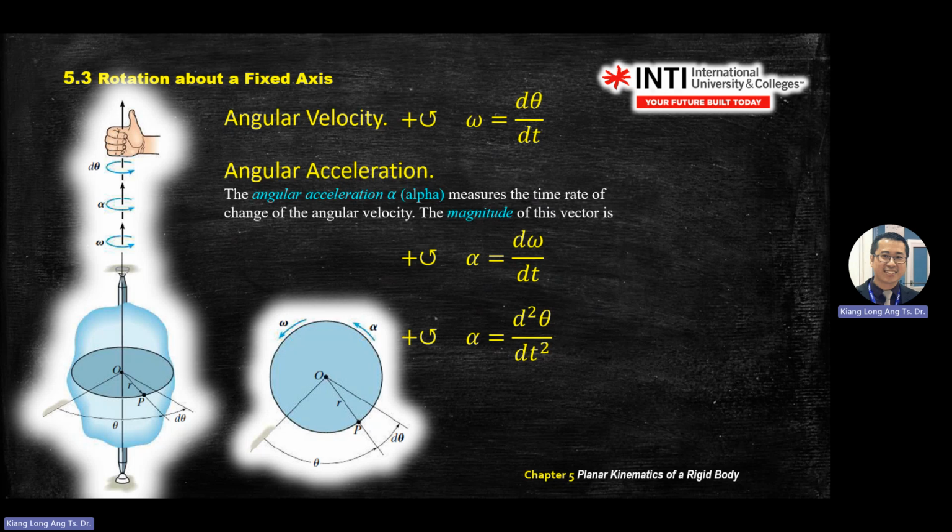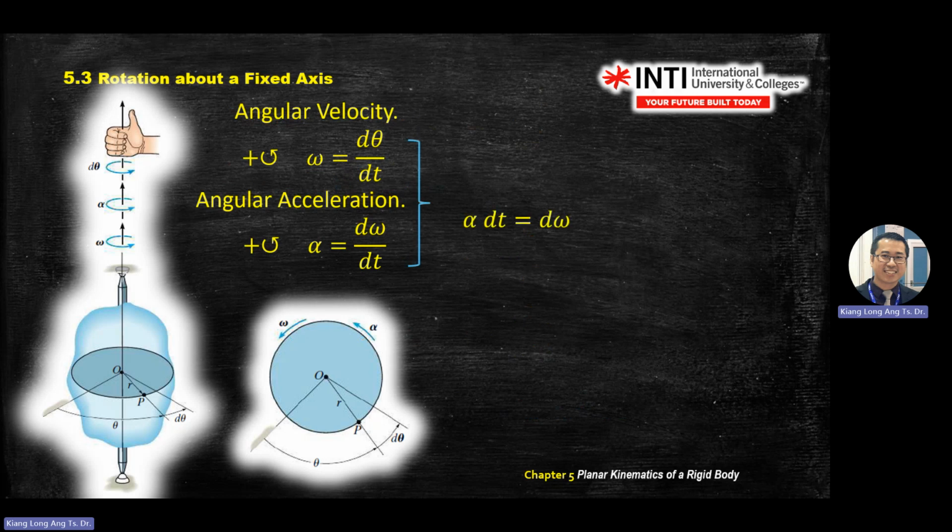This is what you learned in chapter 1 and chapter 2, and you apply it to angular motion. If omega is decreasing, sometimes the question gives you hints: if velocity decreases, it means you have a negative a, you decelerate.